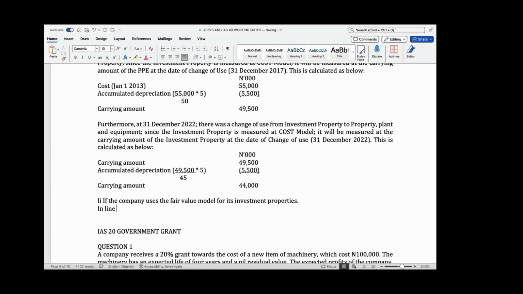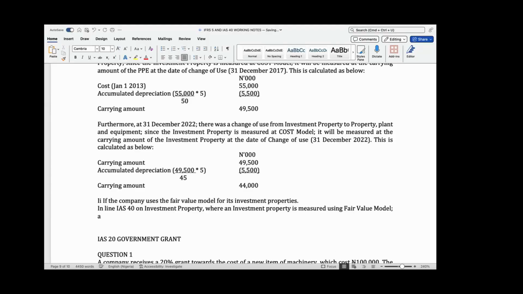In line with IAS 40 on investment property, where an investment property is measured using fair value model, any change of use should be measured at the revalued amount of the old use.